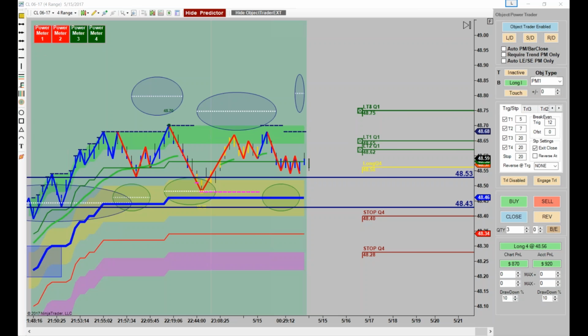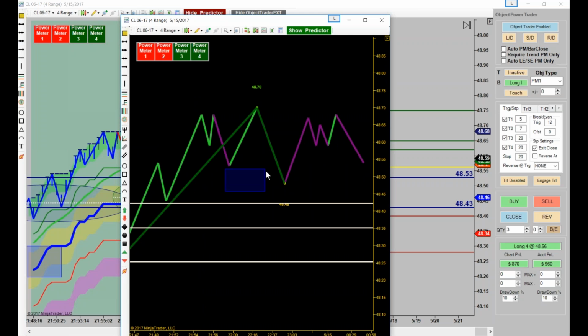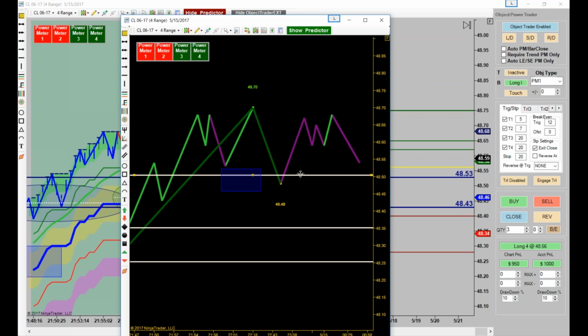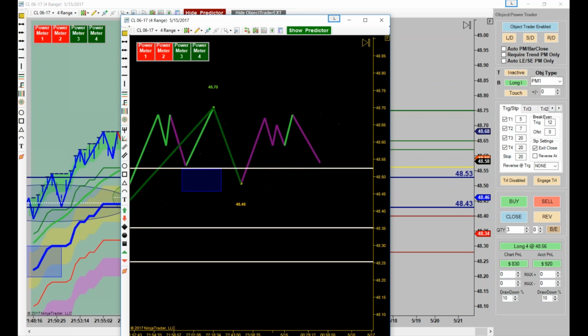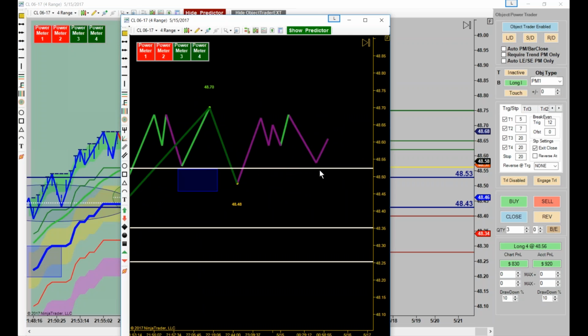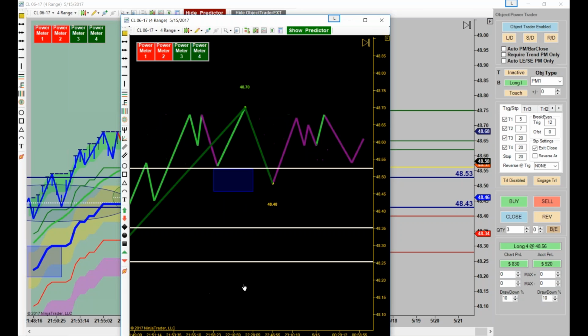Oh, by the way, look at our box. See that box right there? Look at that. Came so close to it, didn't it? That's why you got to draw on your charts. It really helps to see those swings in real time. It really does.